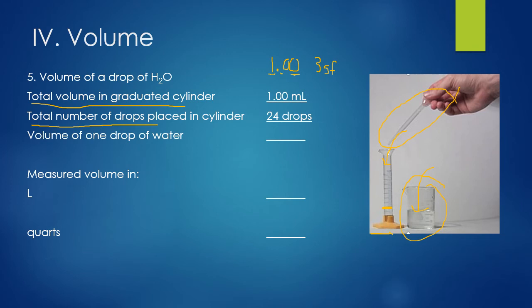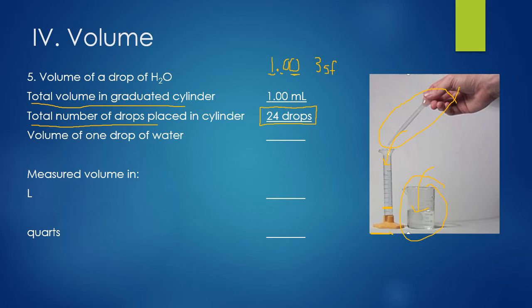Now this 24 drops is an exact number, just like conversion factors are exact numbers. So I am not using this number to count my significant figures. I'm not going to take that number into account when I'm figuring out the significant figures that I need to report my answer in. Okay, so let's look at the next one.